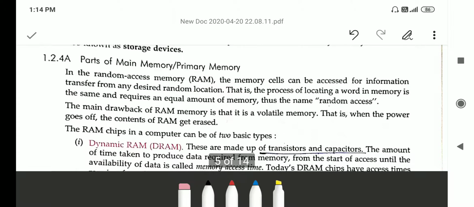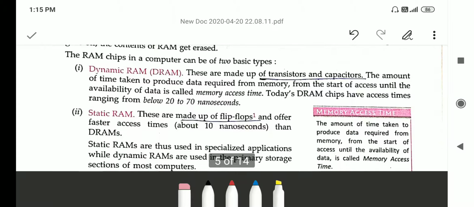Now you can see parts of main memory. In the random access memory, the memory cells can be accessed for information transfer from any desired random location, and that's why it is called random access memory. It is of two types: dynamic RAM and static RAM.